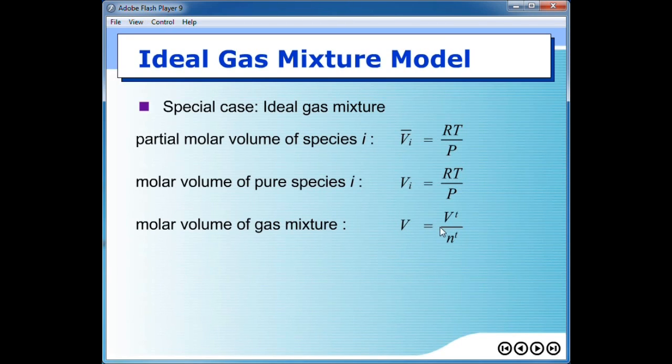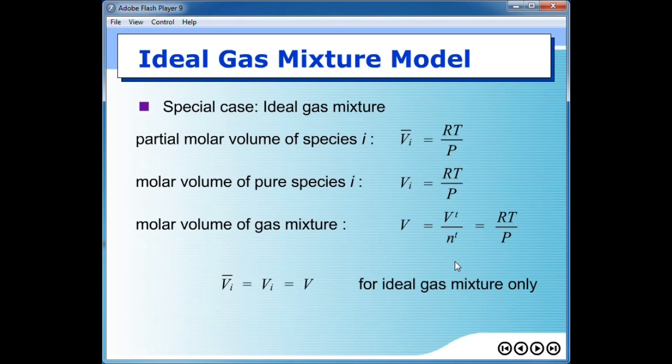It is obtained from the total volume of the mixture divided by the total number of moles in the mixture. For the numerator, the total volume of the mixture, as long as the mixture is an ideal gas, you can use the ideal gas law, which gives nRT over P. The n in the numerator and the n in the denominator are essentially the same, so they cancel out, and eventually you get RT over P again.